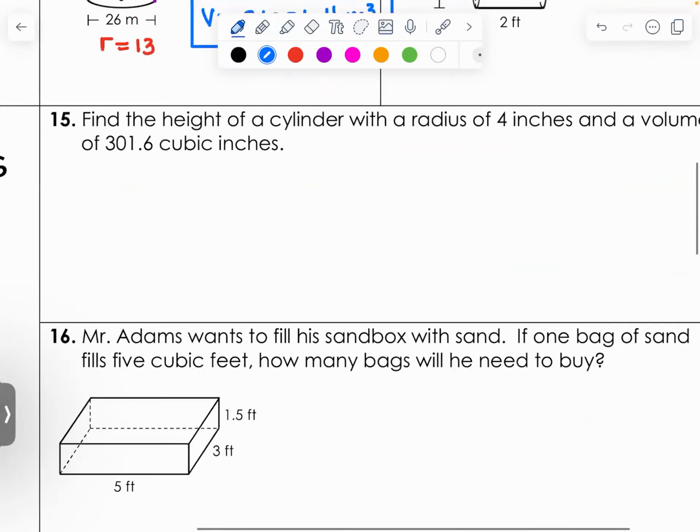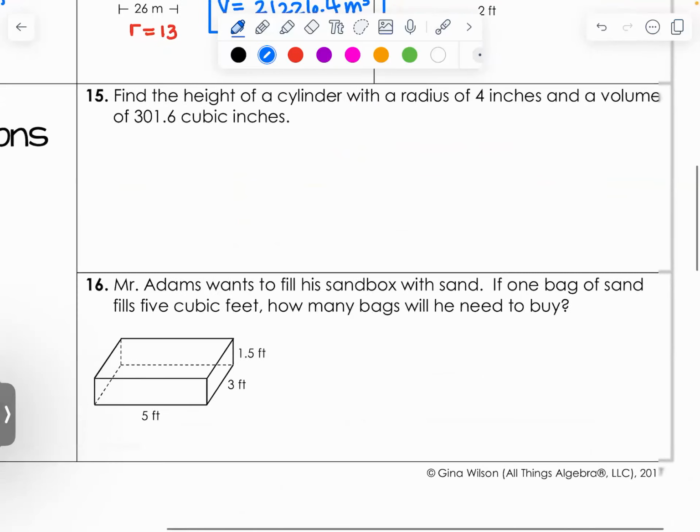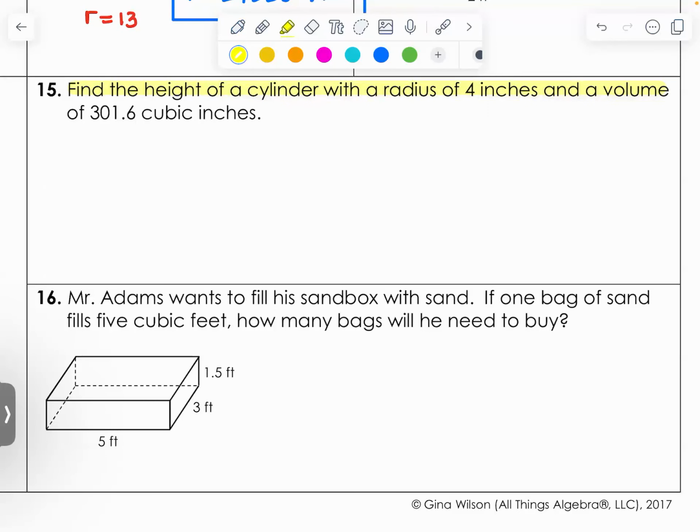Here's the deal. Number 15 is asking you to find the height of the cylinder. So I am going to give you 2 minutes to work with your elbow partner to see if you can figure this out.